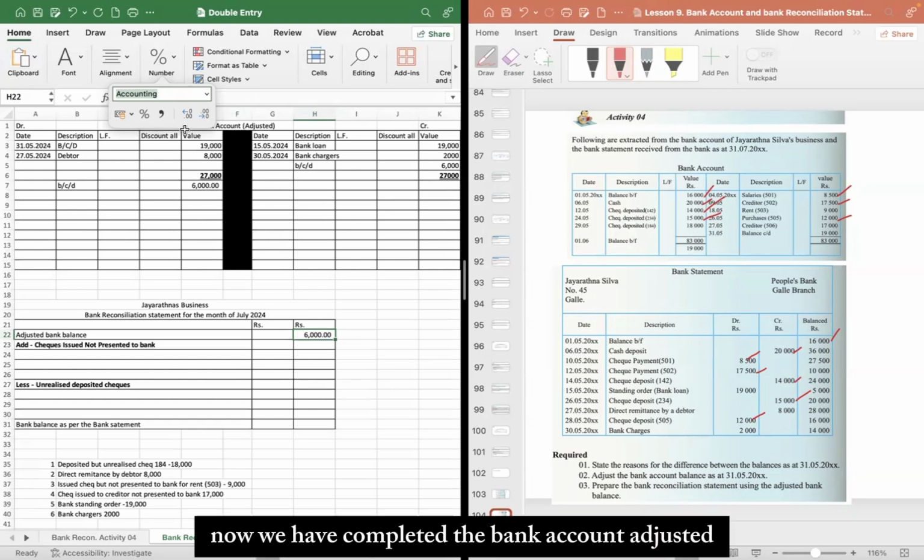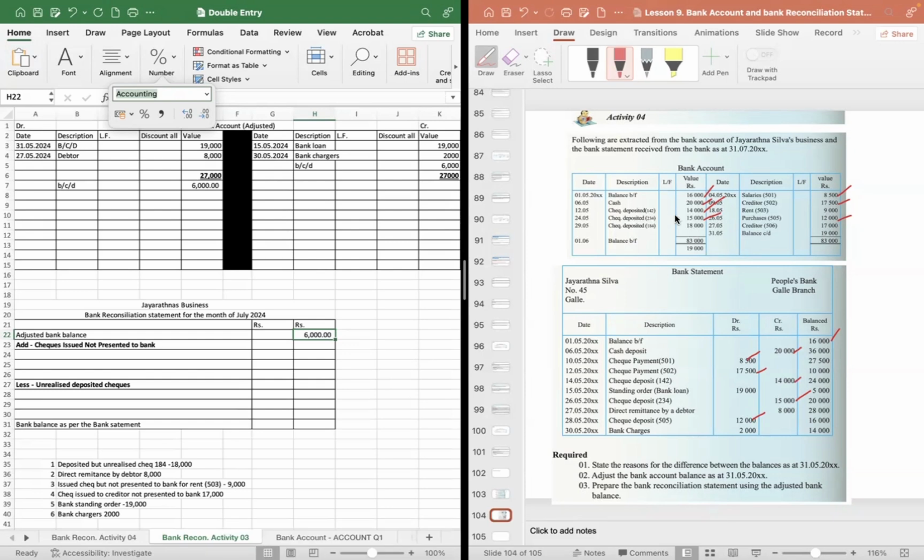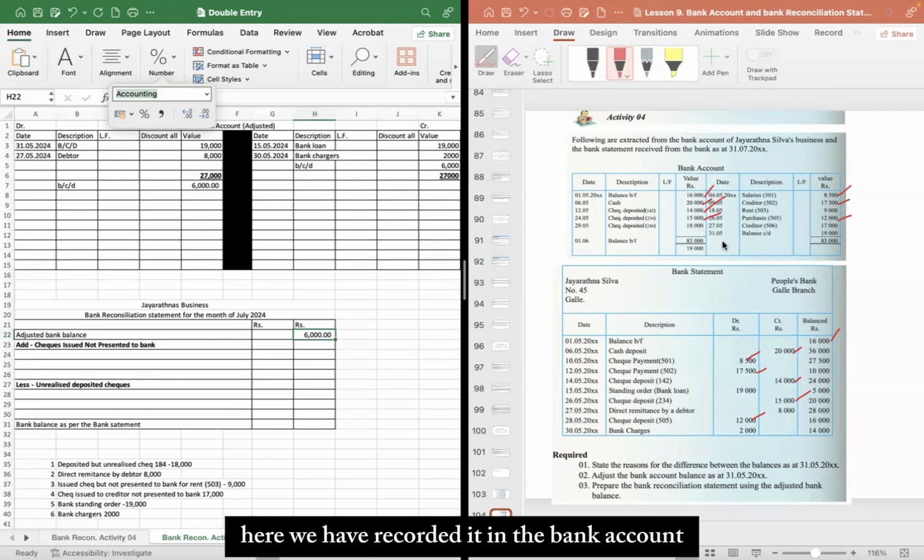Now we have completed the bank account adjusted and now we are looking at two elements in main: checks issued but not presented and deposited but unrealized checks. Okay, now firstly we look at this deposited but unrealized check of 18,000. Here we have recorded it in the bank account, but if we look at the bank statement, it's not been recorded because it's not realized. Because of that, now if you look at the bank account is 18,000 overstated.